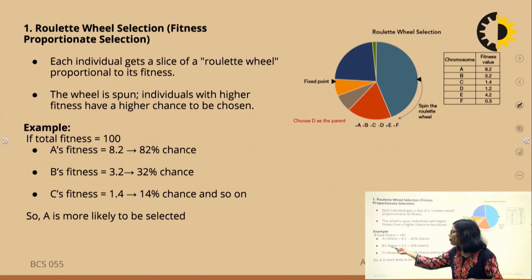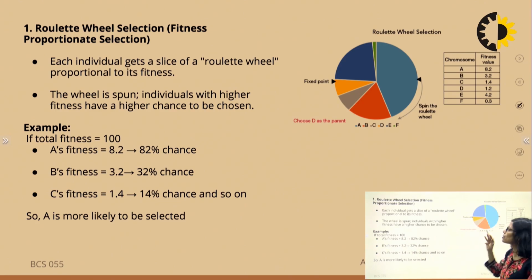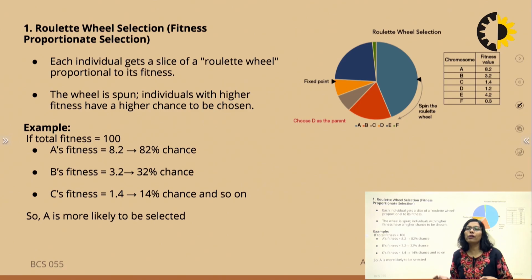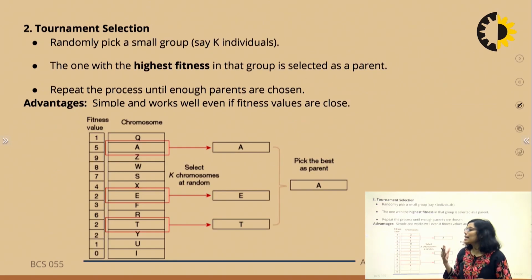If B's fitness is 32, it will get a 32% chance. We spin this roulette wheel, and wherever it stops, we choose that solution. Obviously, solutions with better fitness values have more chances to be selected as parents.